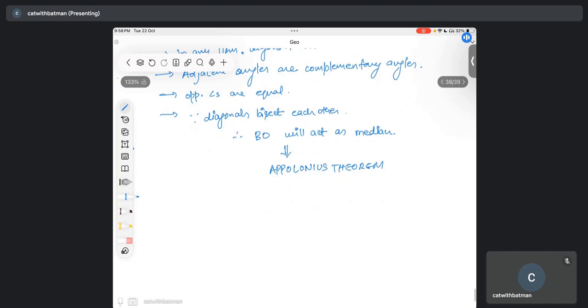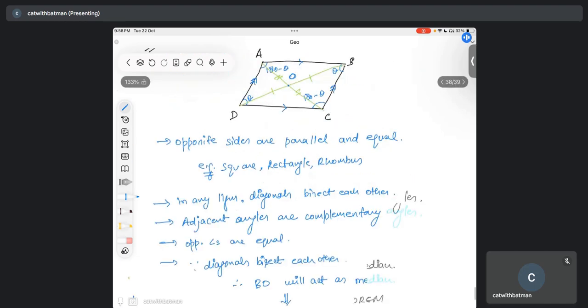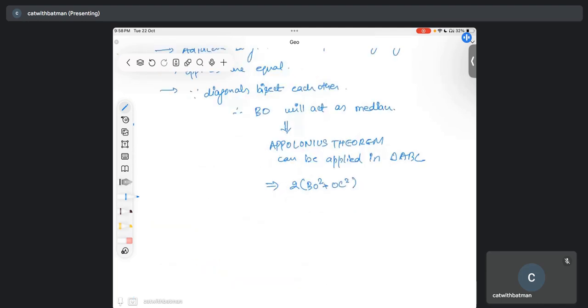And if we apply Apollonius theorem in triangle ABC, OA square plus OC square will be equal to AB square plus BC square. This is the result that we wanted.